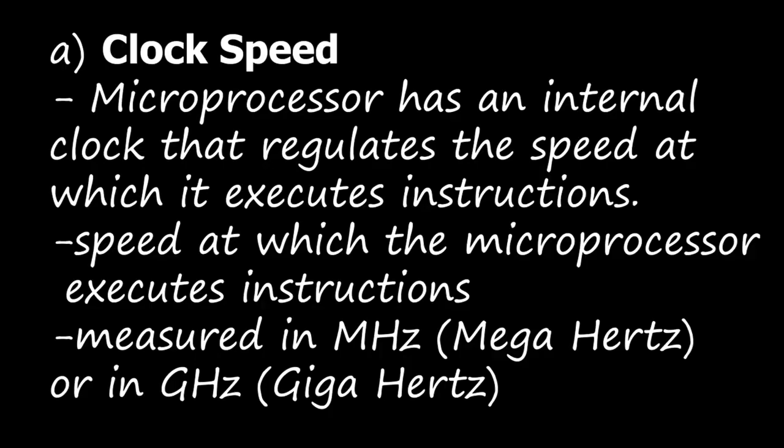This clock only says to do the task at this speed. The microprocessor has an internal clock, and this only says the speed of the execution of the instruction. We'll give an instruction to the computer and that instruction will be processed at the speed of the internal clock which is present in the microprocessor.